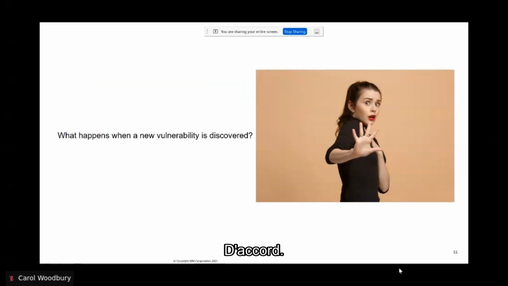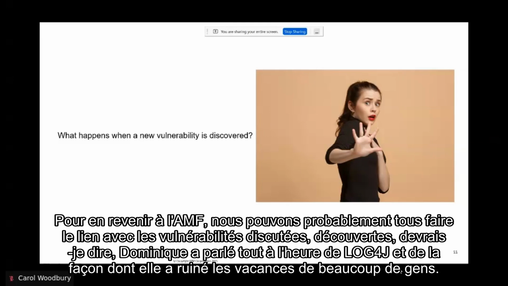Okay, so moving on from MFA, we can probably all relate to vulnerabilities being discovered. Dominique talked earlier about Log4j and how it ruined many people's holidays several years ago.